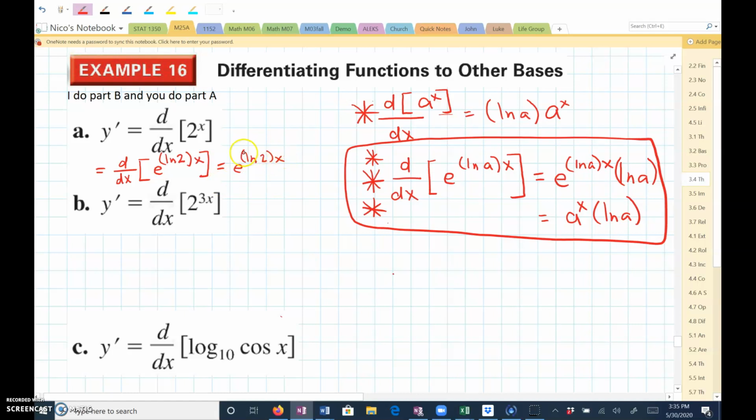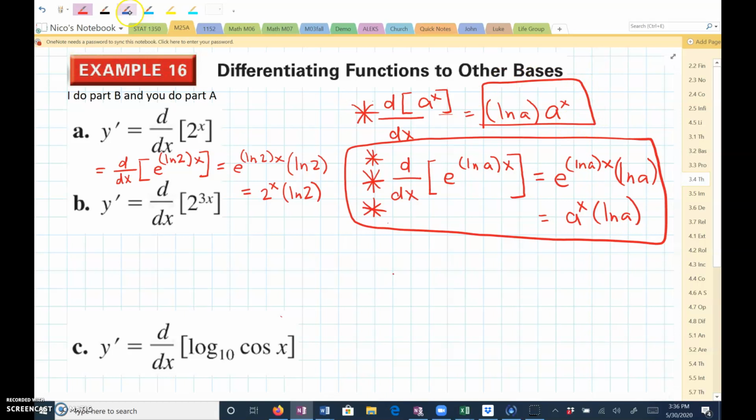And then it's the chain rule, so I'm going to have to take the derivative of the exponent, which would be the natural log of 2. And then this would equal 2^x times the natural log of 2. So that's that one, which is the same as this rule here.